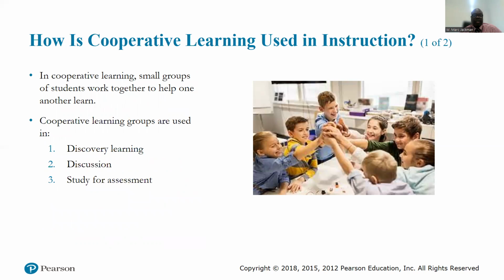Cooperative learning instruction, how is it used in teaching? It is used for discovery learning, it is used for discussion, it is used when you're studying for assessment. And how does it organize? You organize students in groups of 4 to 6 persons, and each person plays a particular role.